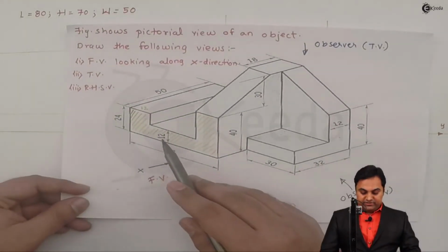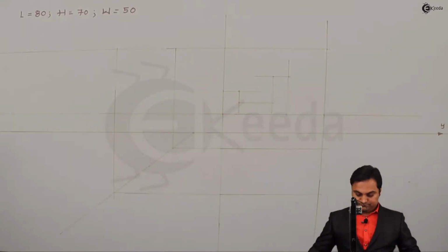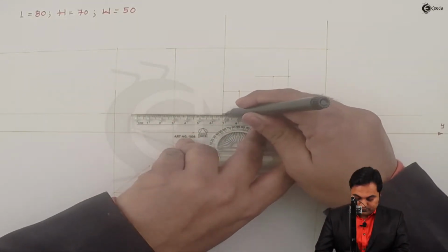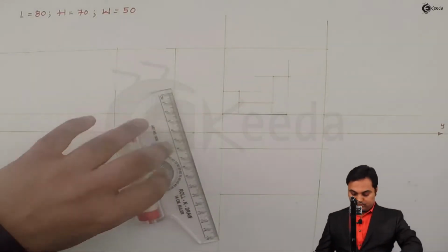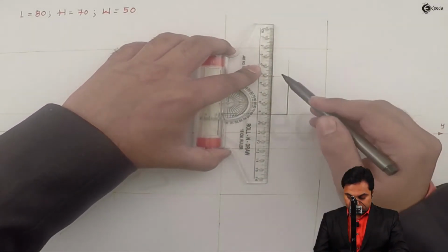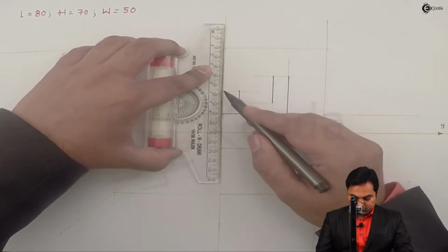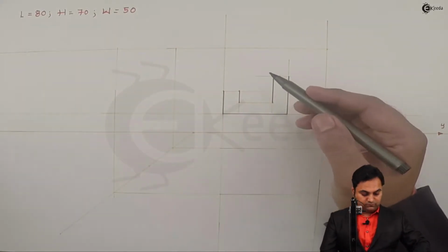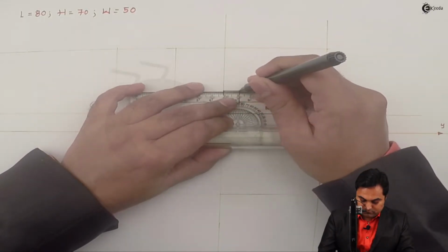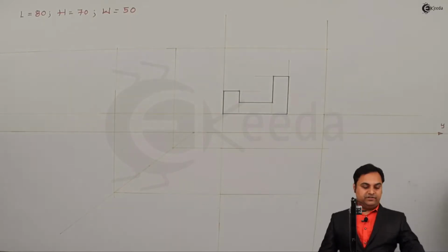Now as this surface is visible from the front first, so I'll directly make it dark. So this surface is visible from the front.